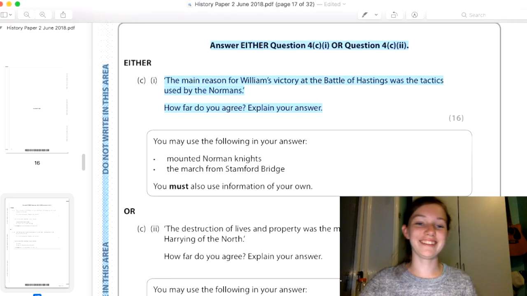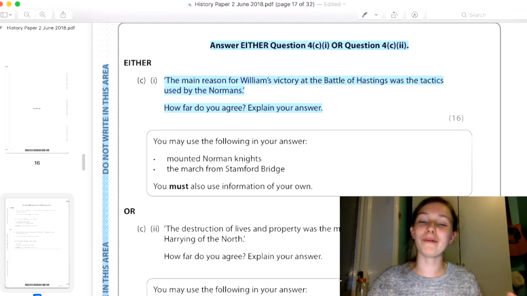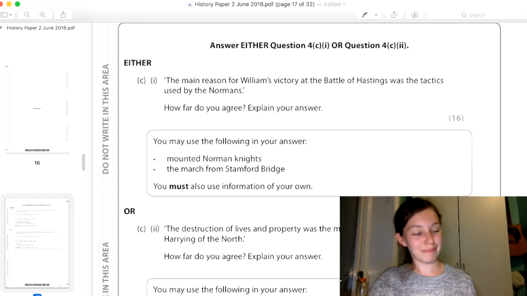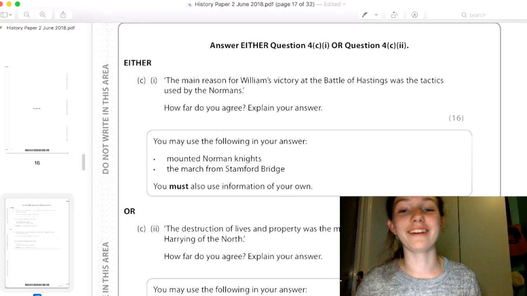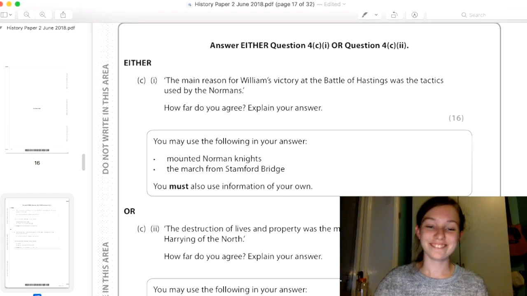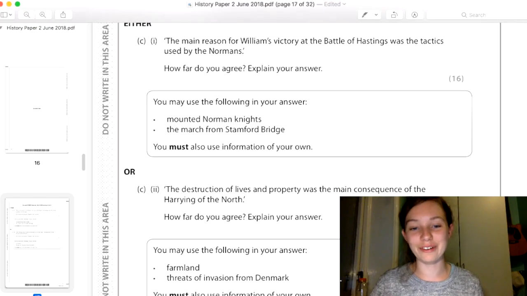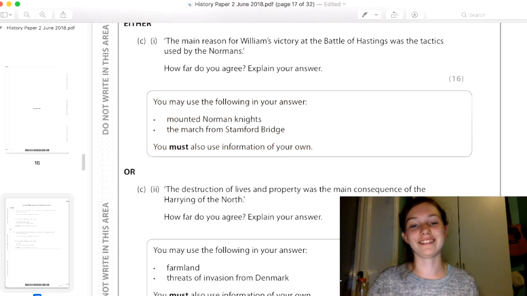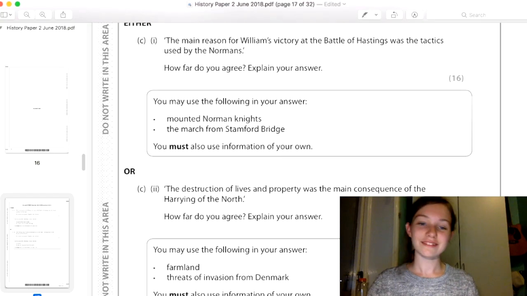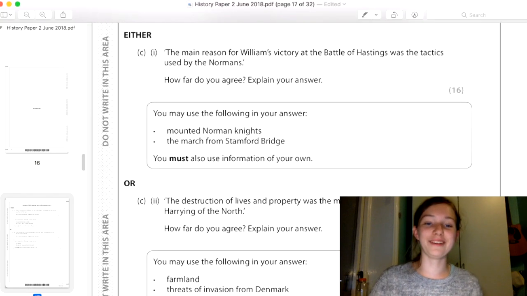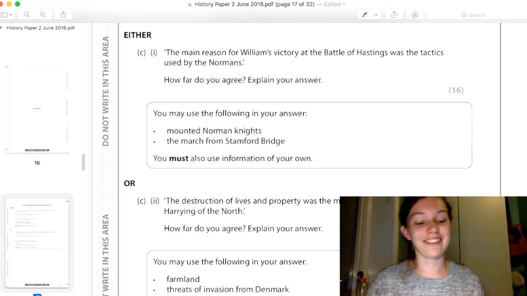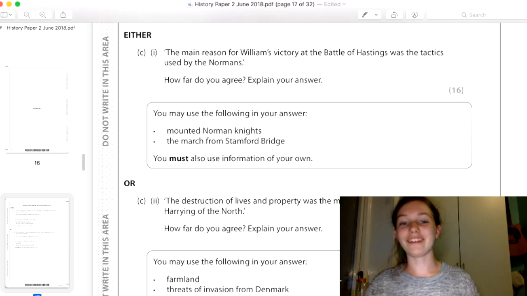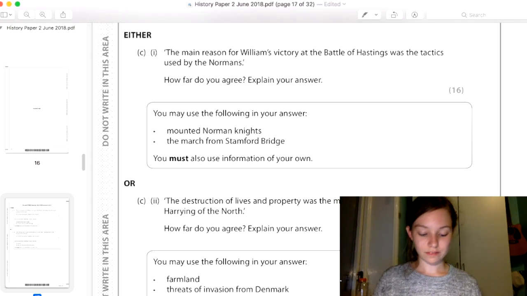The Battle of Hastings is the absolute most important thing in that whole topic, and everyone's heard of the Battle of Hastings. Clearly I haven't heard of it. The harrying of the North is still quite an important bit, but when you've got an outright Battle of Hastings question, that's the one you want to go for. Blessing of a question. Hopefully you'll get something similar on your paper.